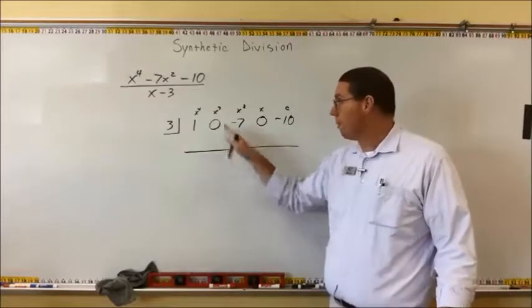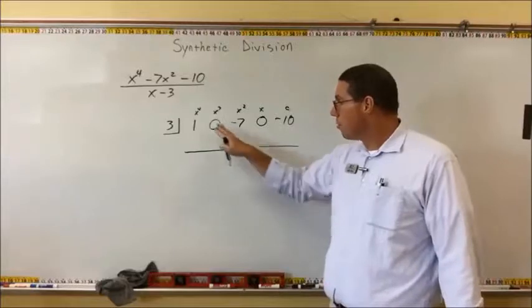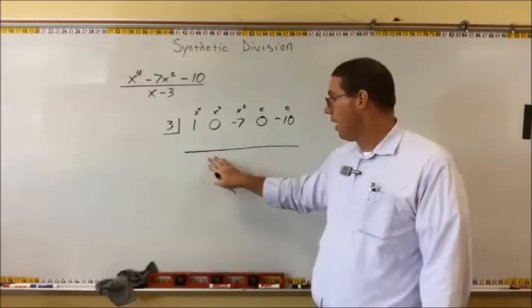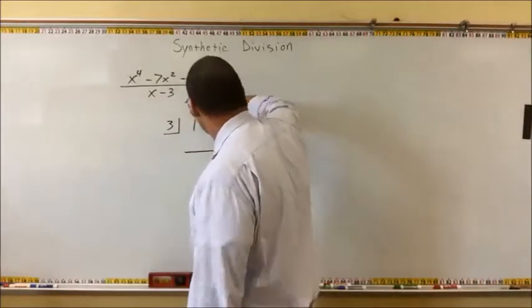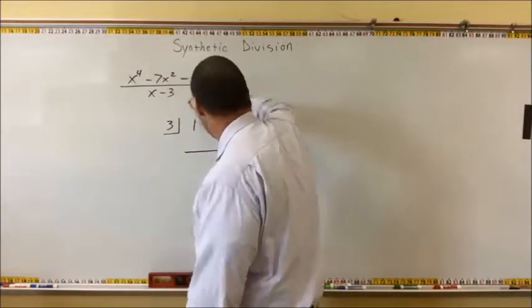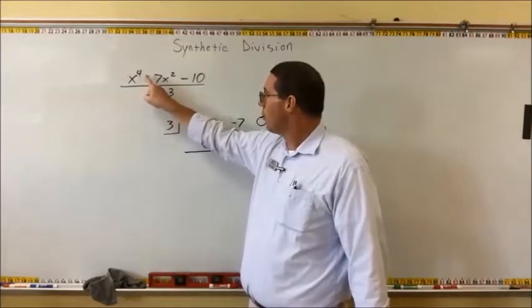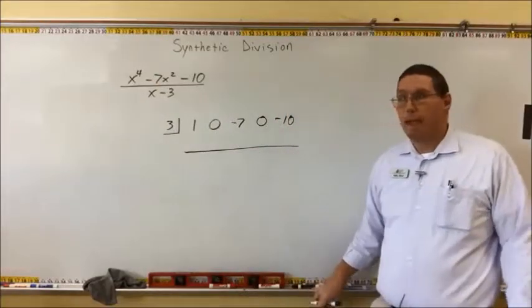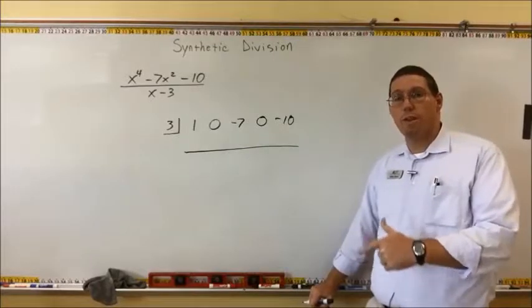That's another reason why we have to have those columns open, because down here those might not wind up being zeros, and therefore we need a space for those numbers. So here's the rule, just to boil it down after all that talking: any power you skip over in the dividend, you have to fill in that space with a 0.